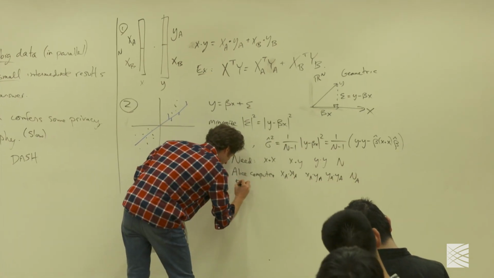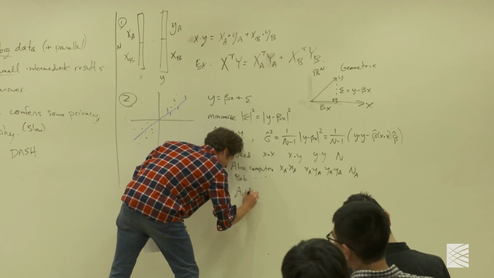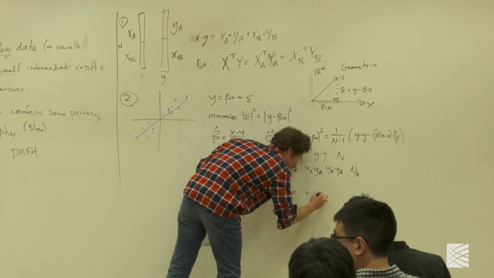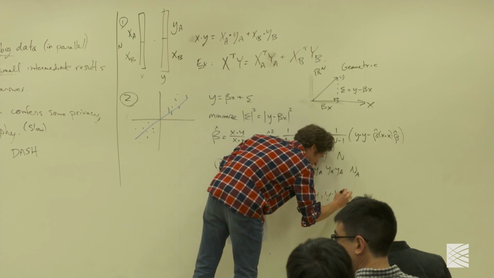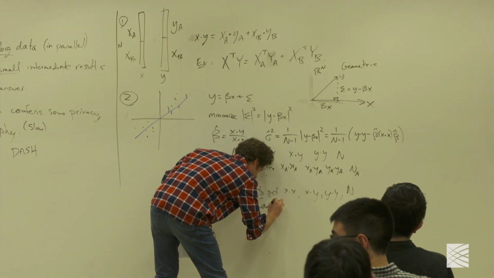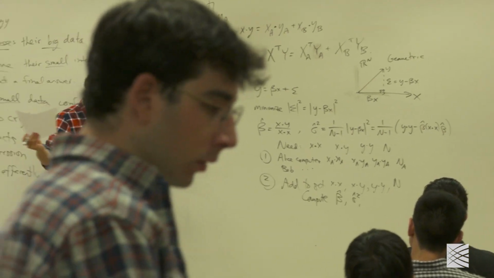And then the same thing for Bob, just with b's. And then the second step, you add them up to get x dot x, x dot y, y dot y, and n. And then you compute from those beta and the standard error. Okay?